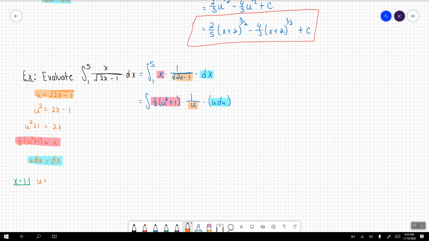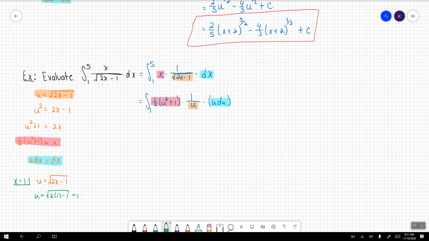So initially we have that u is equal to the square root of 2x minus 1. So let's make the substitution of 1 into that x value. 2 times 1 minus 1 should just get us 1, so the square root of 1 is just 1. Lower bound of x is equal to 1 now translates into u is equal to 1.